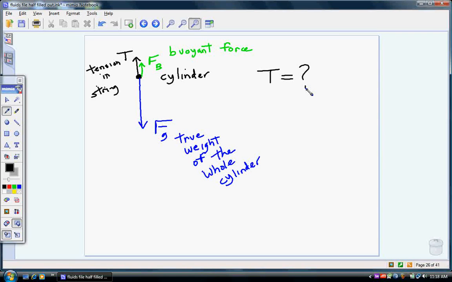Well, since this object is in a state of equilibrium, we know that the upward forces have to equal the downward forces, yes? So basically, the tension plus the buoyant force upward has to be equal to the weight of the whole aluminum object, the whole cylinder, downward.